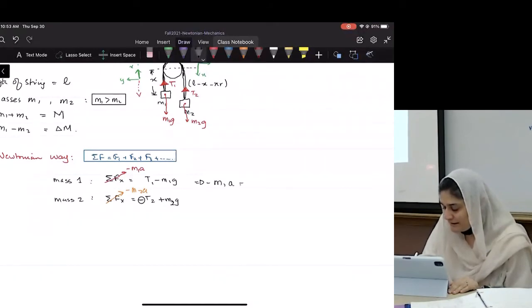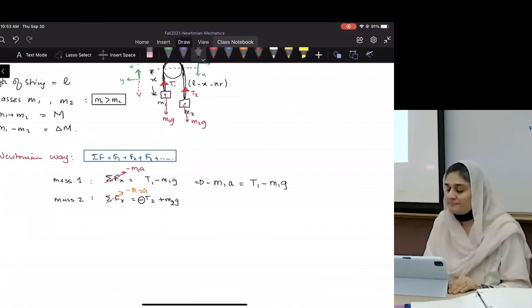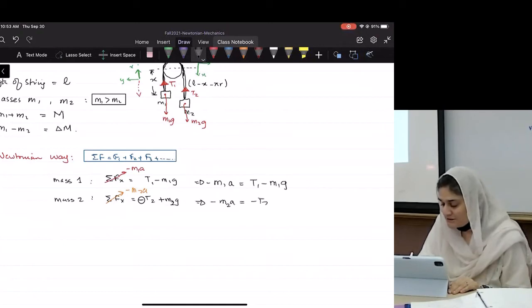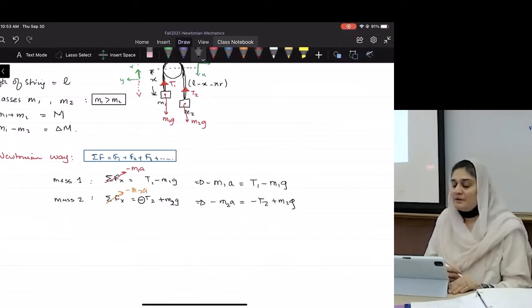Minus M1A equals T1 minus M1G. And minus M2A equals minus T2 plus M2G.